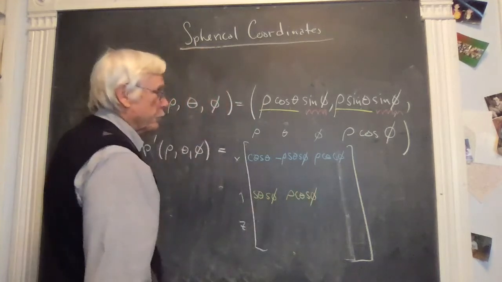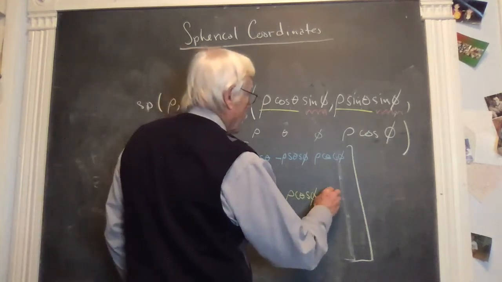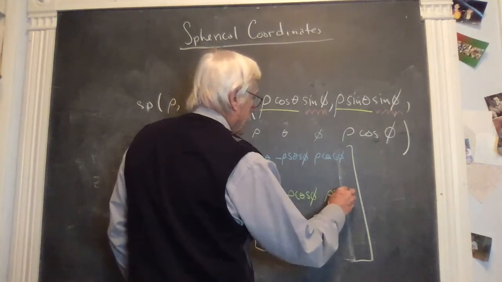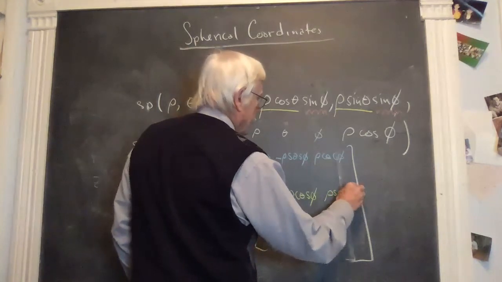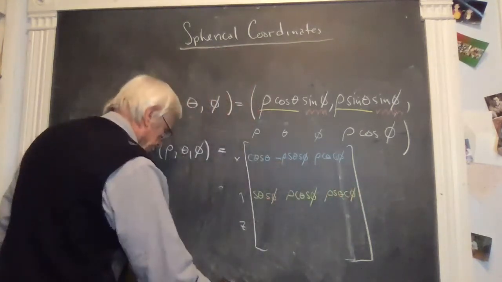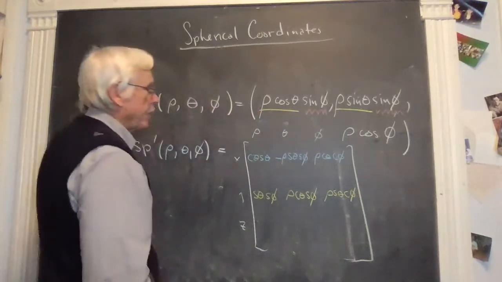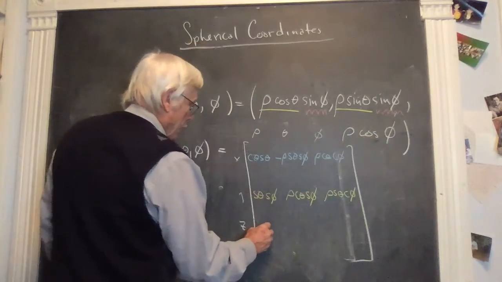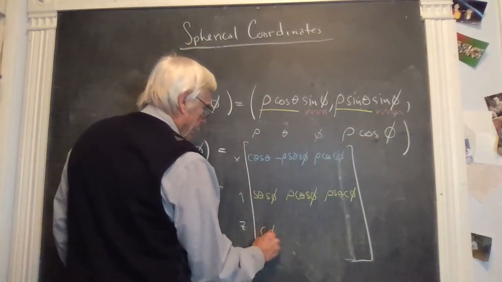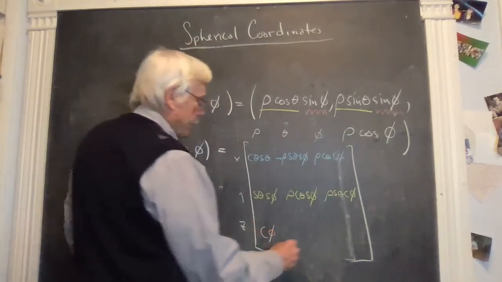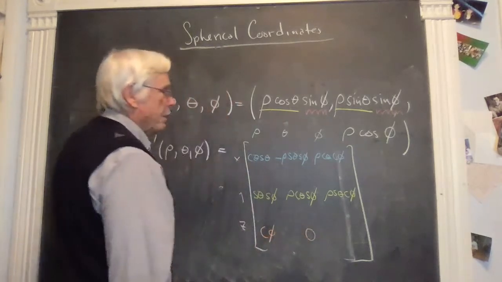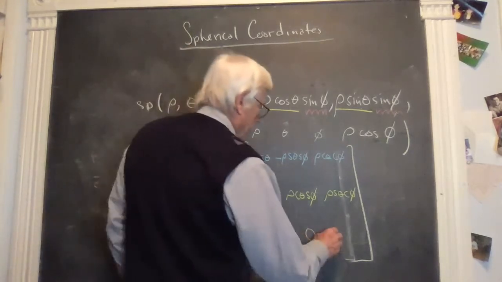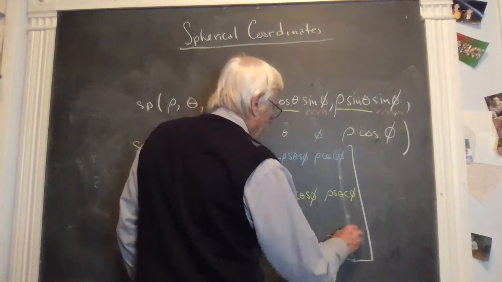And the derivative with respect to phi is rho sine theta cosine phi. And finally, the derivative of this last one with respect to rho is cosine of phi. The derivative with respect to theta is 0. And the derivative with respect to phi is minus rho sine phi.